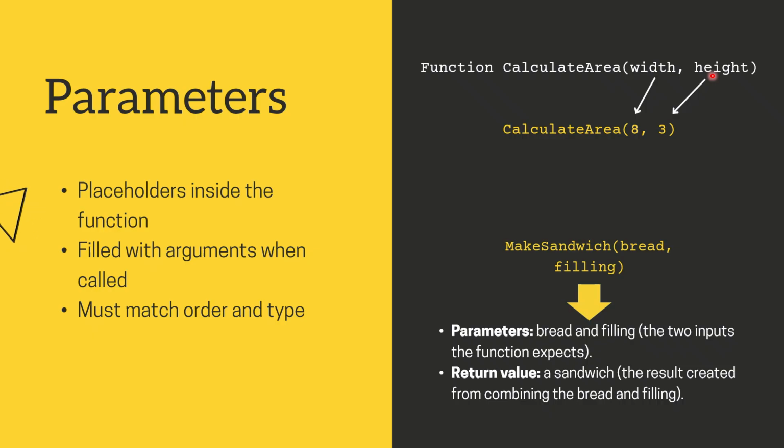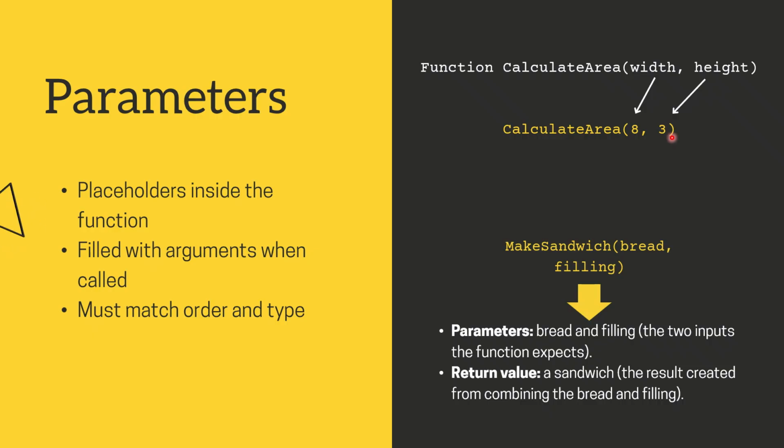Inside the function, the width and the height, these are the parameters, and when I call it, it's going to calculate the area. So when I go to call this function, I call it by its name and feed in arguments for the parameters. For the width, I'm feeding in the argument of 8. For the height, I'm feeding in the argument of 3. These are the arguments, and it's going to take these as the input.